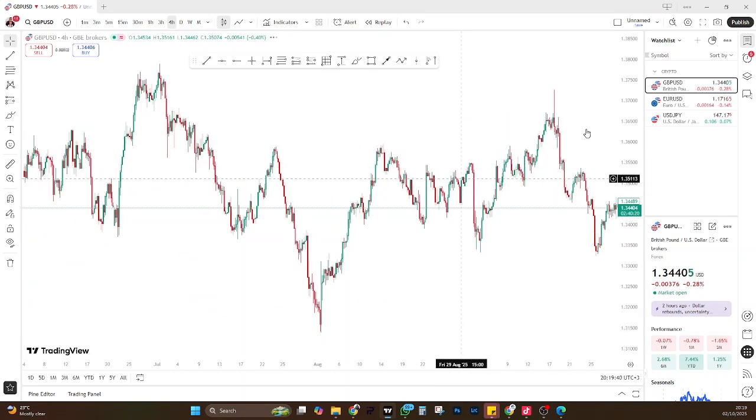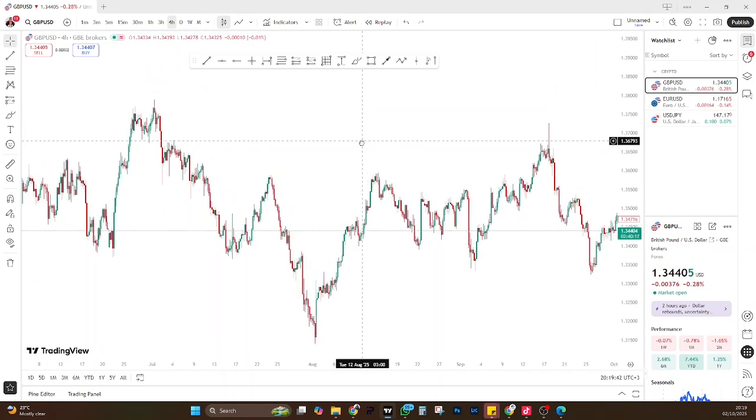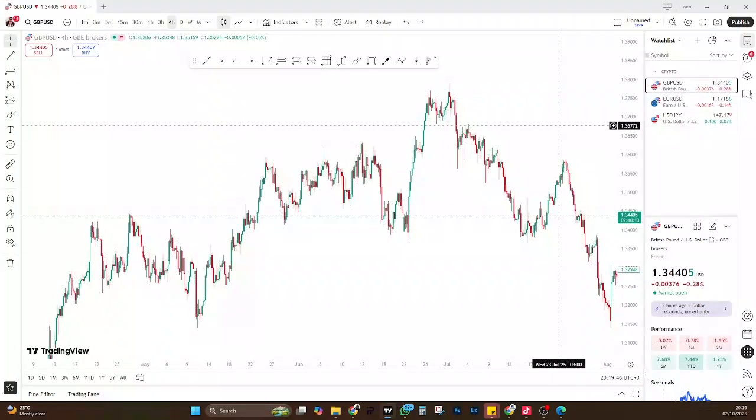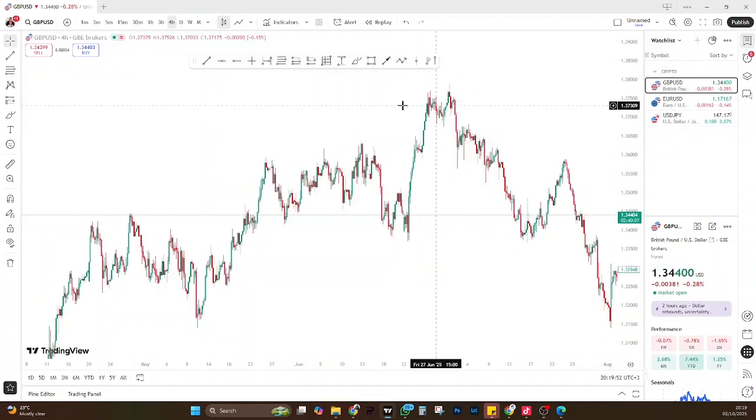And let us look for a sell. So assume you don't know what is happening on the right. So we look at this. Can you see this? Are you able to see where my cursor is? Here.